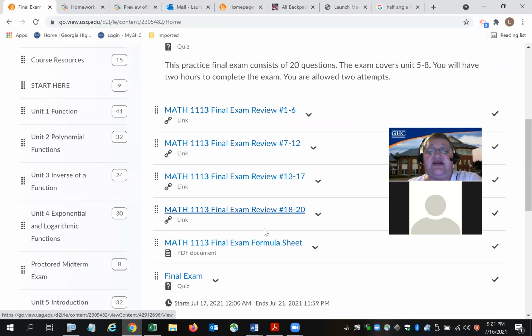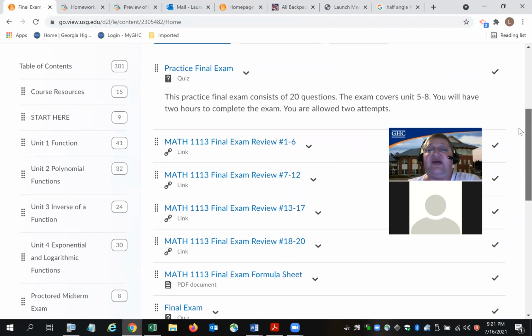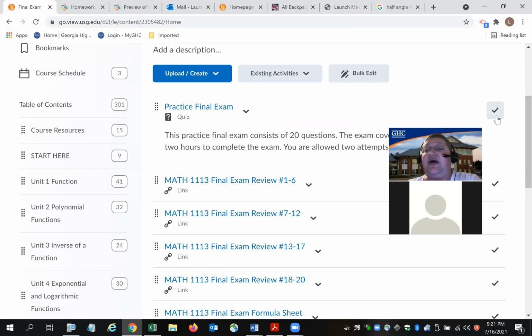It's not graded, but if you're trying to prepare yourself for the final, working through those type problems will give you some extras. And I hadn't actually posted the actual document, so I'll post it when we finish, so that you have that available to you as extra practice if you want it.